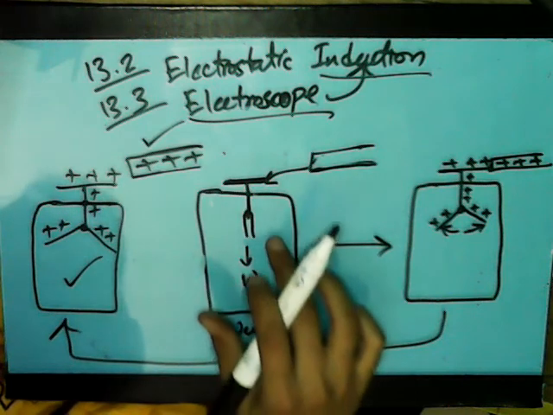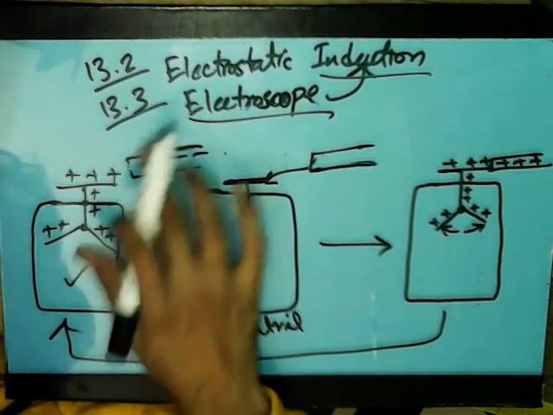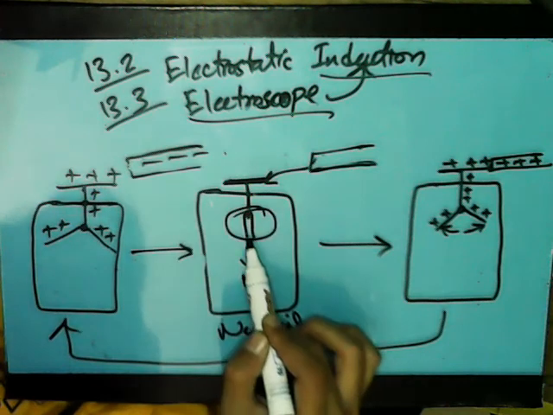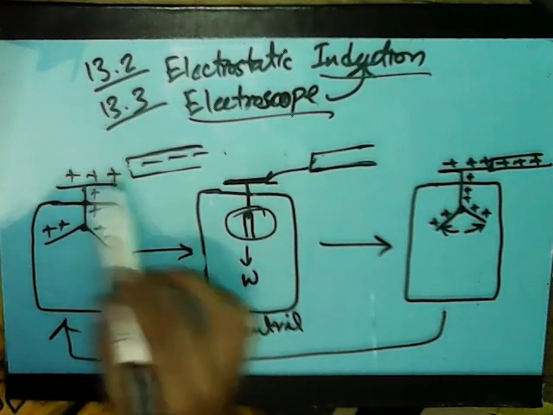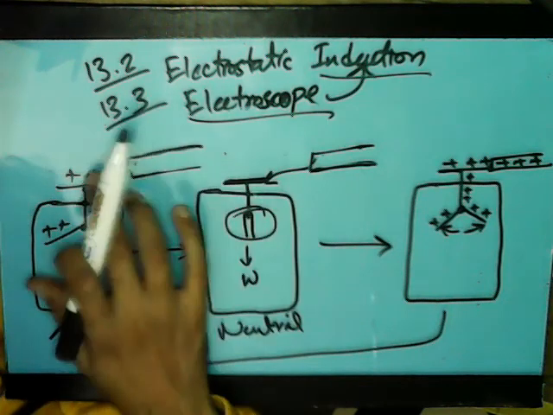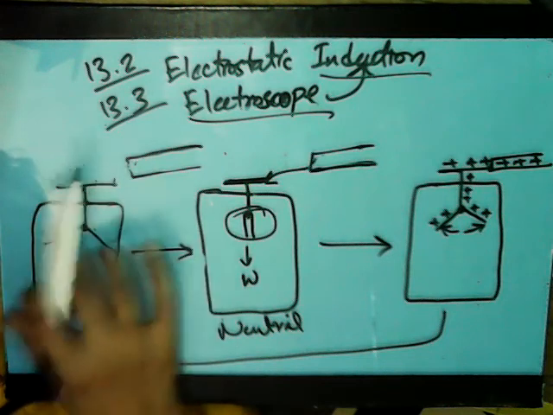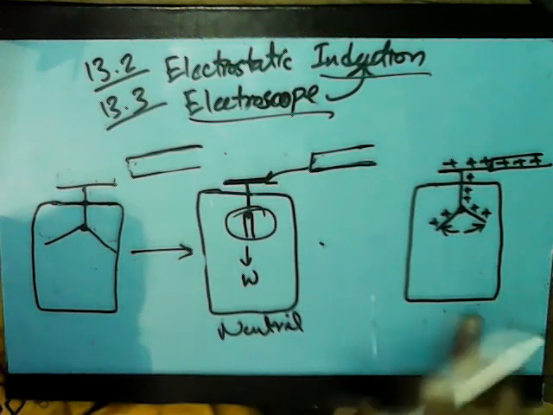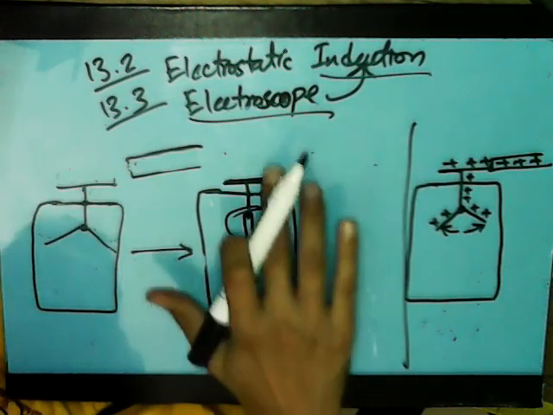That means the charge on this electroscope is the same as that of the rod, right? But let's consider a separate case: if the electroscope closes its foils after being touched, and you don't know whether it is positive or negative, but I'm telling you that both of these are charged.